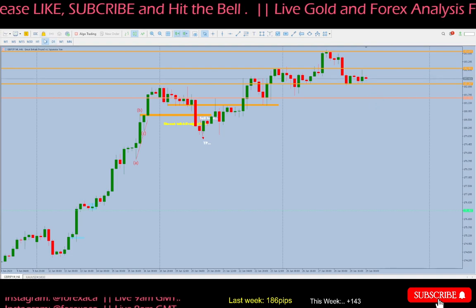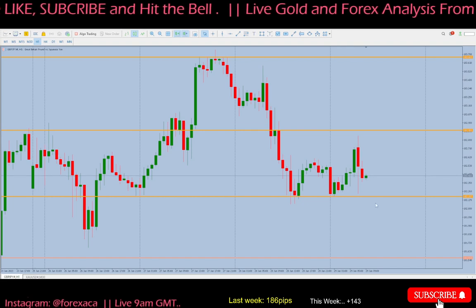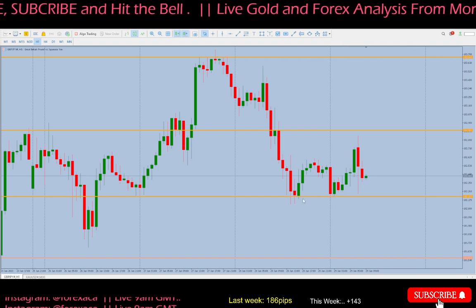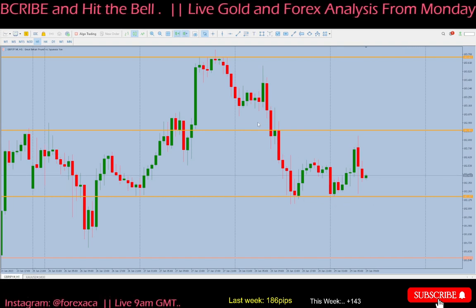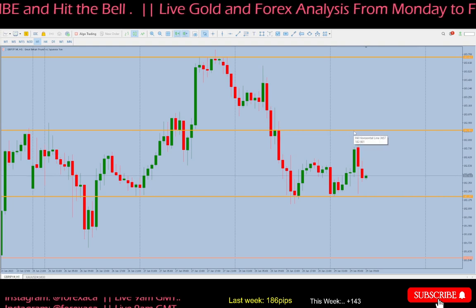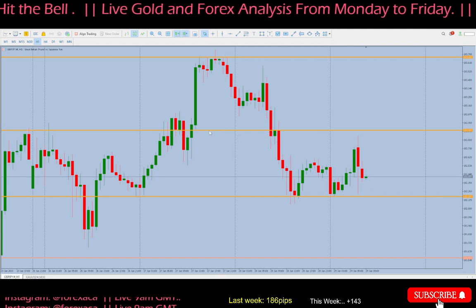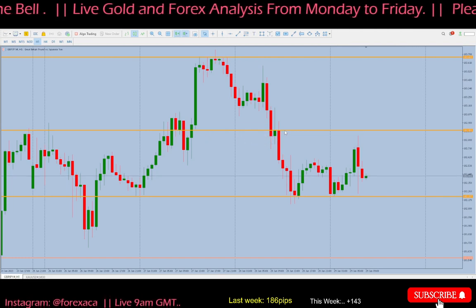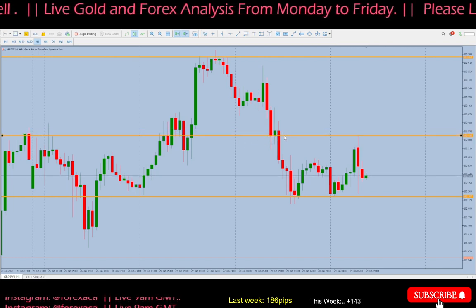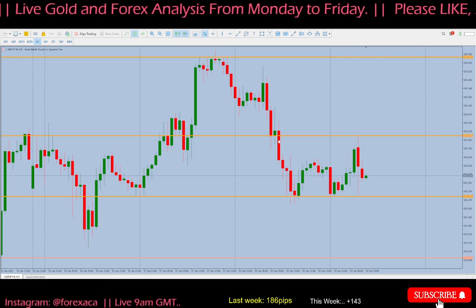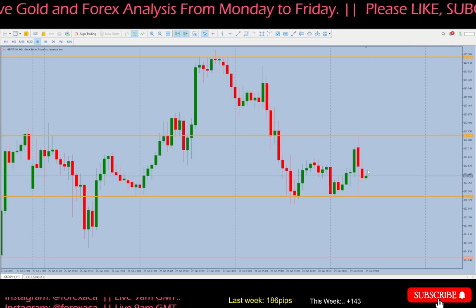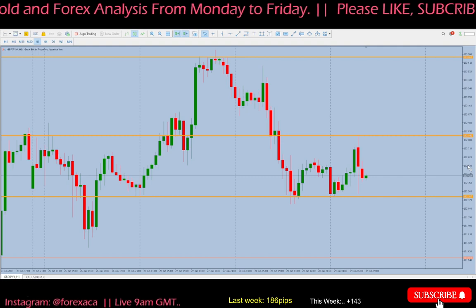If we break it down to the 1 hour, you can see that we have a zone area here. We also have another zone area there, and we want the market to respect that area as well.